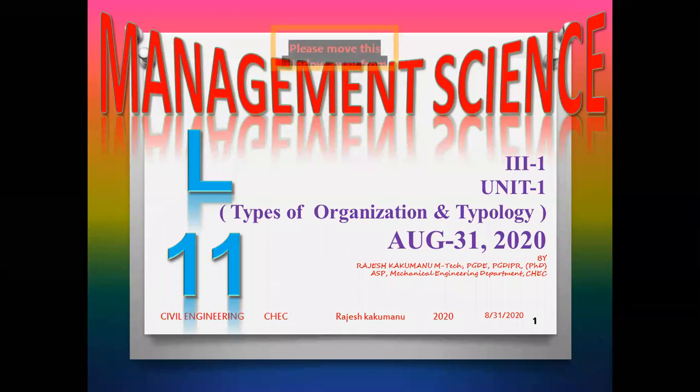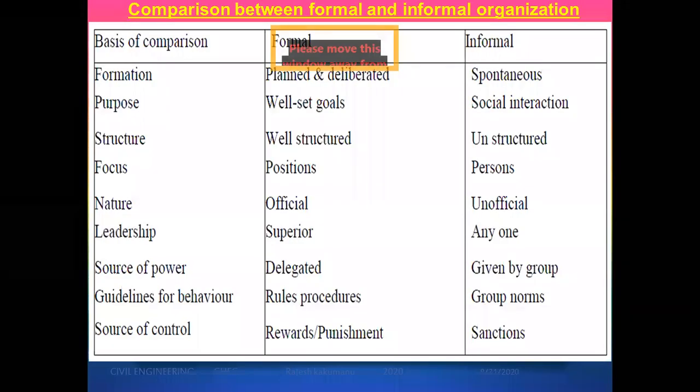Whenever you are having an organization, what type of structure do you have to follow? We have two solutions. One is based upon past records, or based upon a reference.